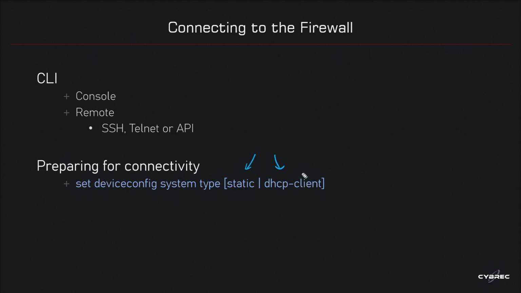If we go for the DHCP-client option, this means that we want to use DHCP for address allocation, and in this case we are pretty much done with the config. Versus if we select the static option, which is what I'm going to use, it means that we want to assign an IP address manually.